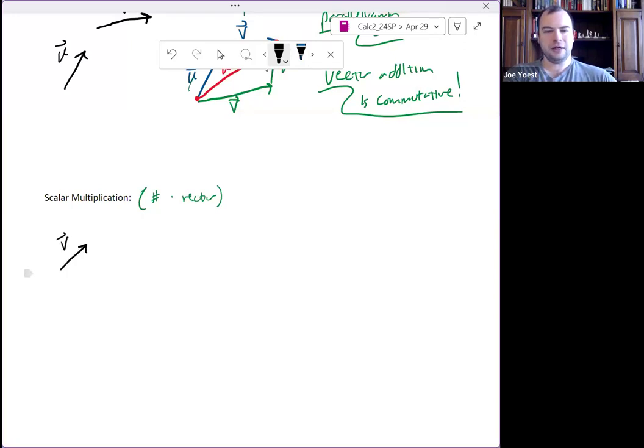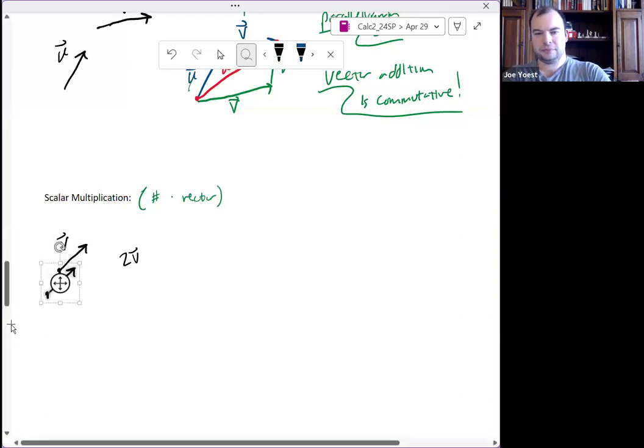If I have V with some initial point and some terminal point, what would 2V be? 2 times V. Well, I would suspect that 2 times V should just be V plus V, right? It should just be this vector.